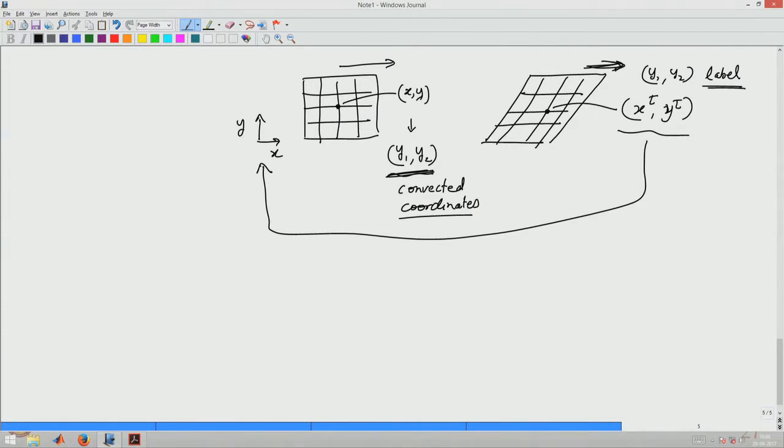And so, now the question is, which is the direction along which y 1 is changing, and so clearly the direction along which y 1 is changing is this, and similarly the direction along which y 2 is changing is this. So, at the present time the direction along which y 2 changes is this, and the direction along which y 1 changes is this.